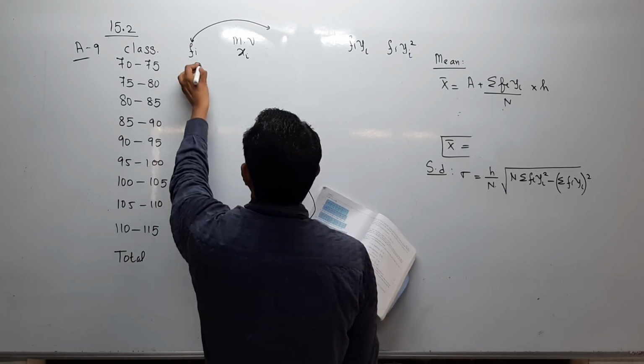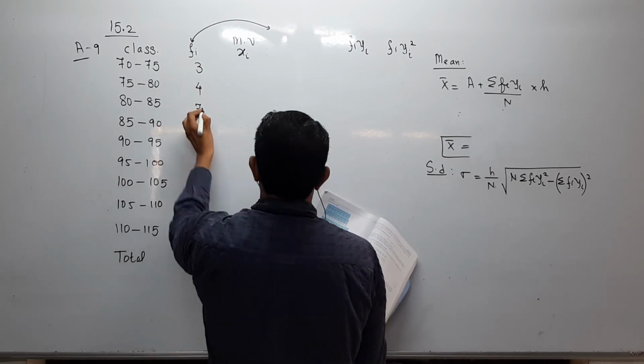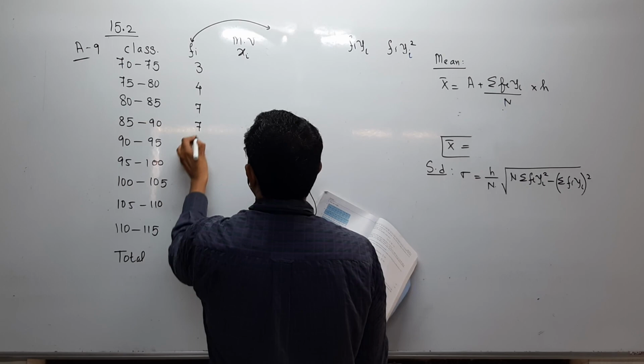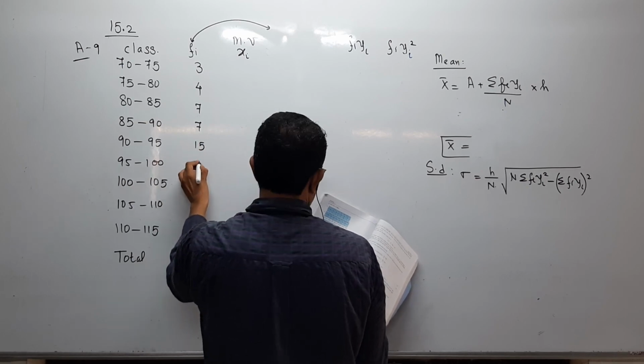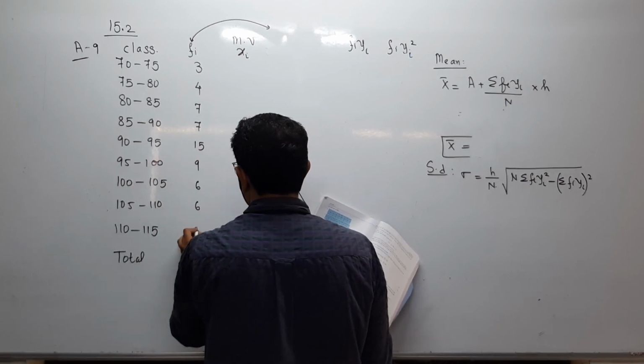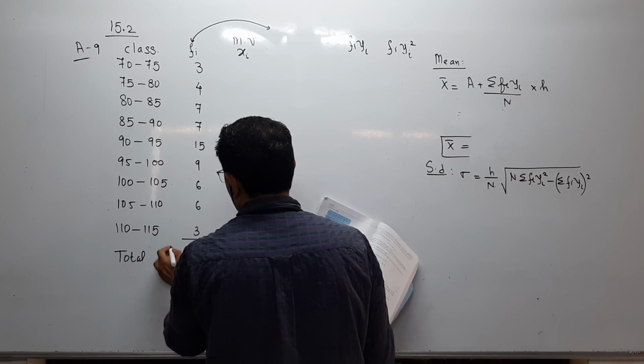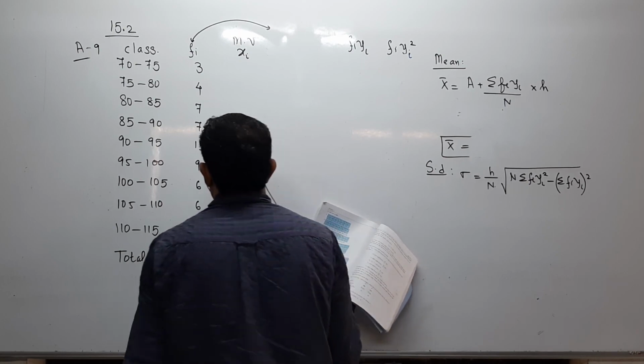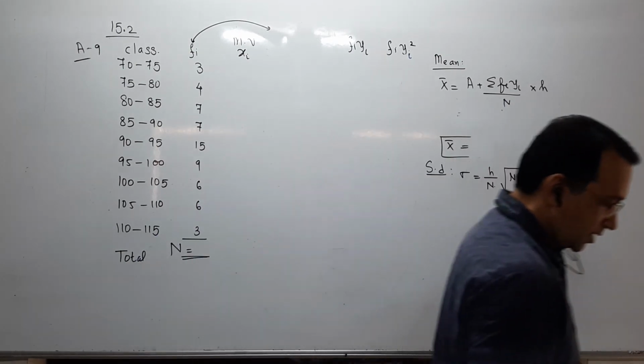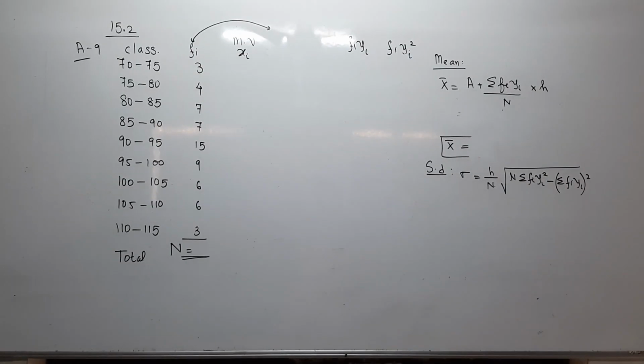Okay, corresponding frequencies are 3, 4, 7, 7, 15, 9, 6, 6 and 3. Now, let us total the frequency.